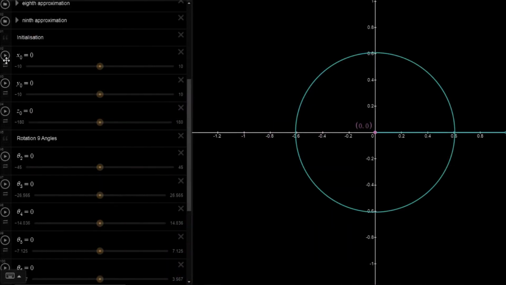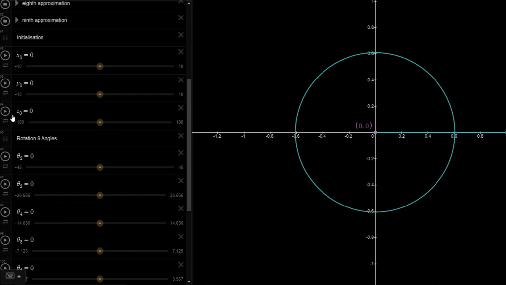So in vectoring mode, we set up the initialization values x0, y0 and z0. We then add on and subtract off these angles to ensure that the value of y0 tends towards 0. So whenever the y0 has tended towards 0, the final outputs can be chosen as either the value for our Zn, which is here, or the value for our Xn, which is here.